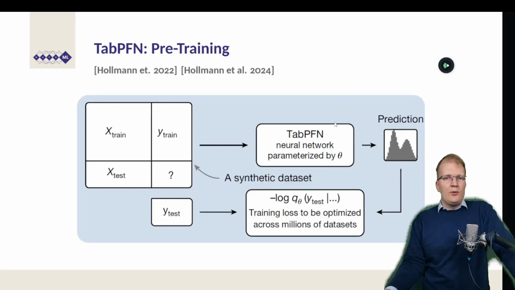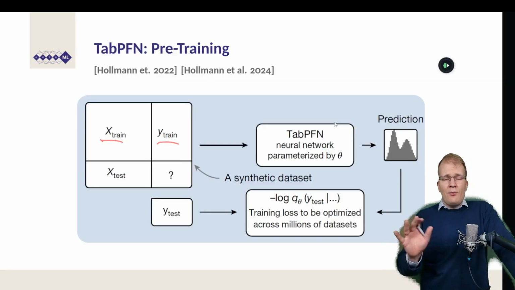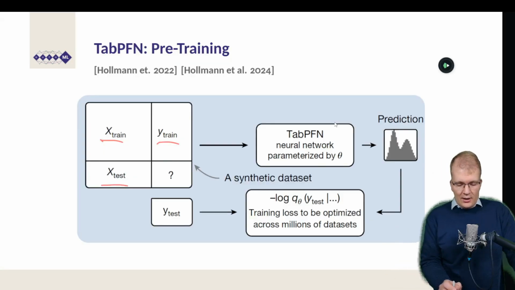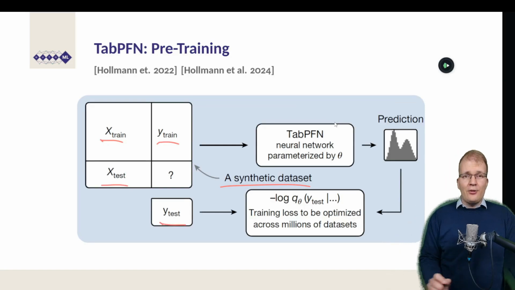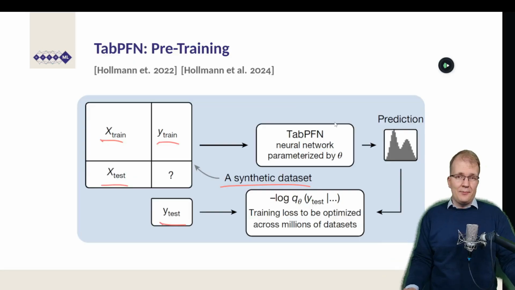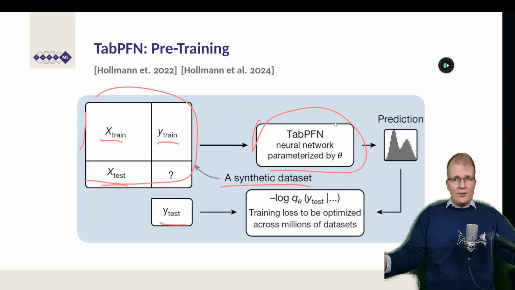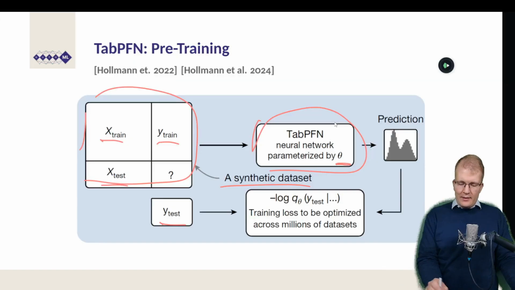What is TabPFN doing? The overall idea is the same for many models. We have training data, for which we know, of course, the labels. For our test data, we don't know them, but actually for pre-training we use a synthetic dataset. I will tell you in a second how to do the synthetic data generation. So of course, we also know the test labels. We're feeding that into TabPFN, which is a neural network, a transformer architecture, parameterized by many weights, theta.